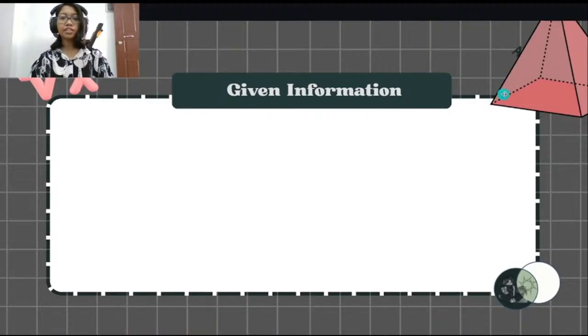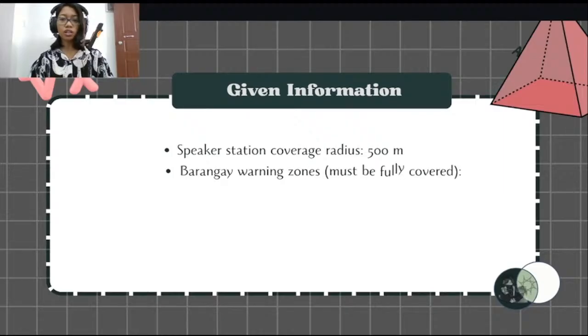We are given that each speaker station can cover a radius of 500 meters. Each barangay also has a required warning zone.